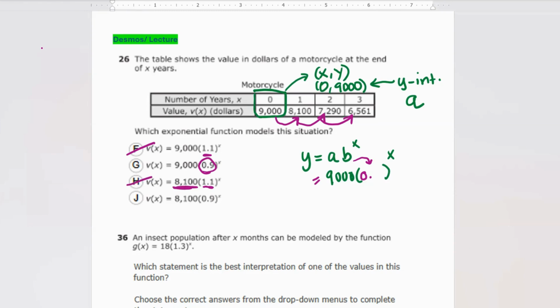And letter J, same thing. The y-intercept is not 8,100, even though this is 0 point something. So the answer here is letter G. That's how easy this is if you know the exponential function law. Later on we're going to graph this in Desmos just to verify.